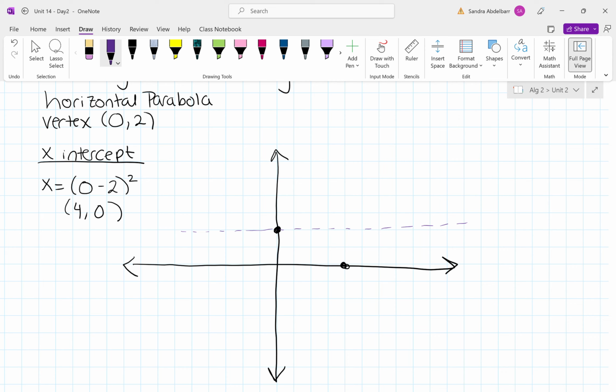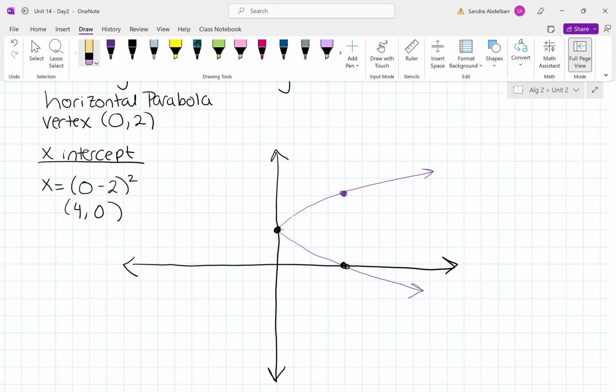We have the x-intercept 2 units below the axis of symmetry, so shouldn't it be sort of mirror images on either side of that axis of symmetry? So if I'm 2 below, wouldn't I also be 2 above? So we're right over here. I just drew that axis of symmetry to help me find the other point to plot.